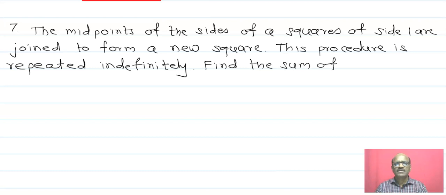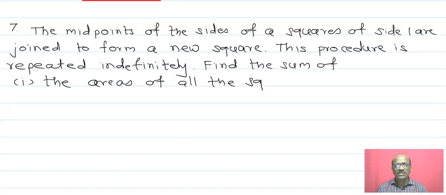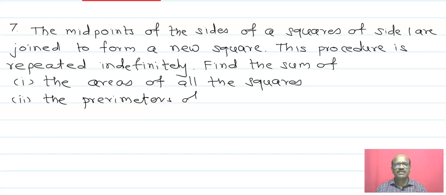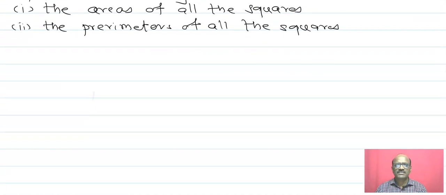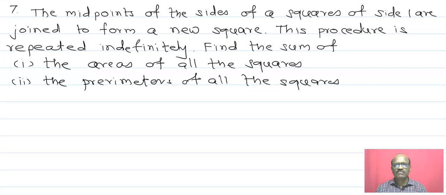Find the sum of, first, the areas of all the squares, second, the perimeters of all squares. Now the first answer is different. My answer and the textbook answer are different, but the second matches. Now we'll see how it is.